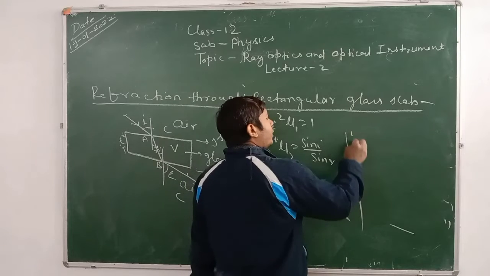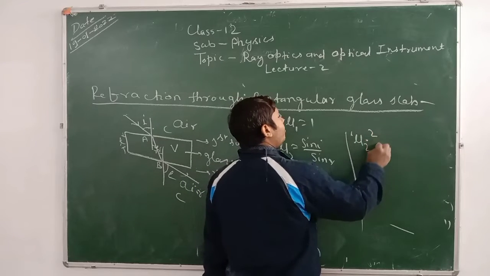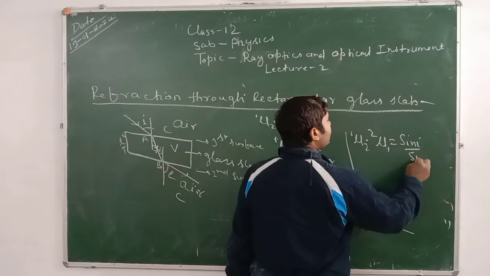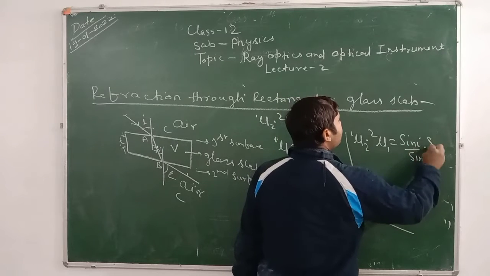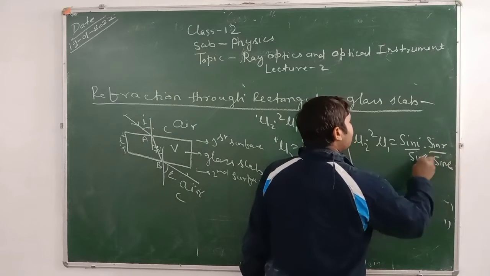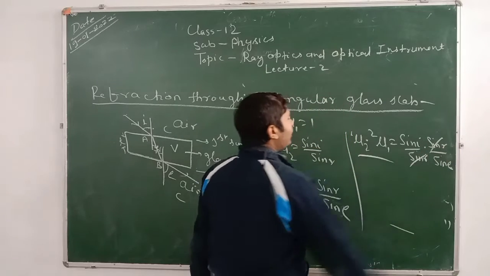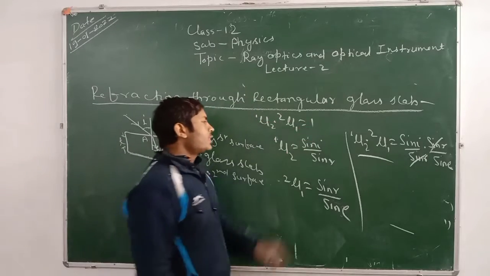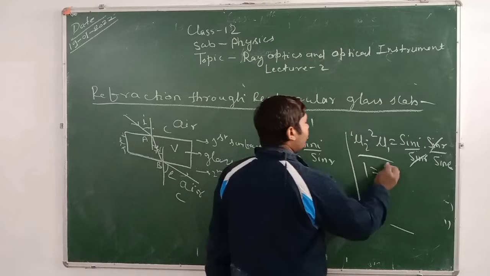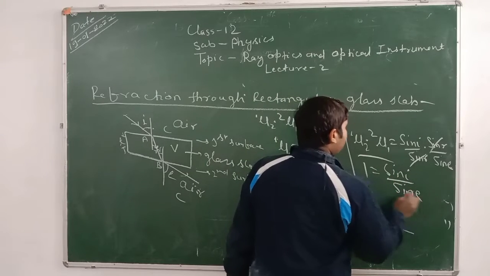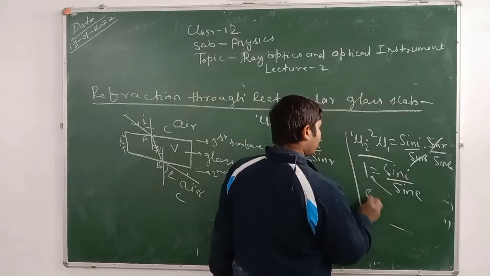Now, 1μ2 into 2μ1 will be equal to sine I upon sine R into sine R upon sine E. This will be cancelled out. What is the value of 1μ2 into 2μ1? It is 1. So I am keeping here 1. 1 will be equal to sine I upon sine E. This will come here.